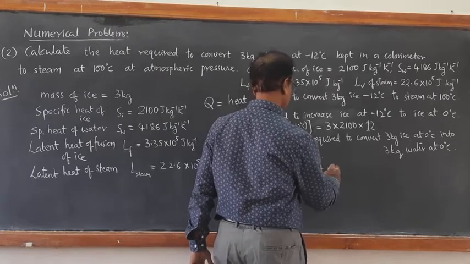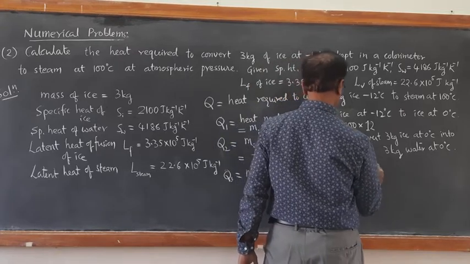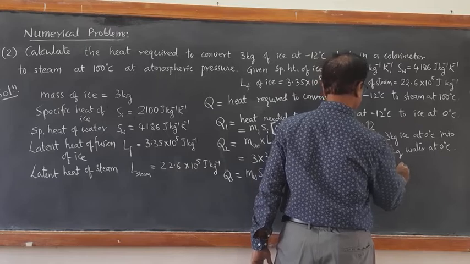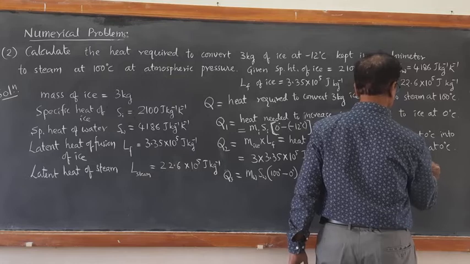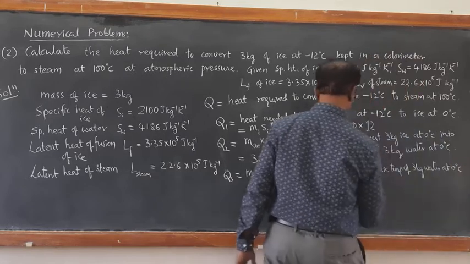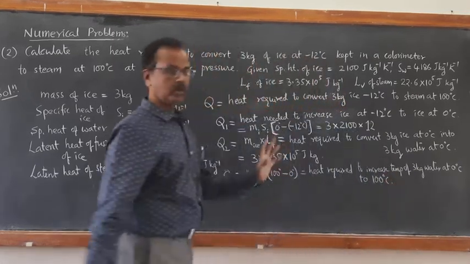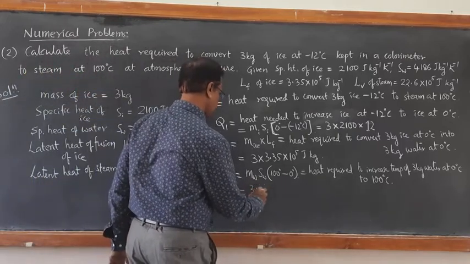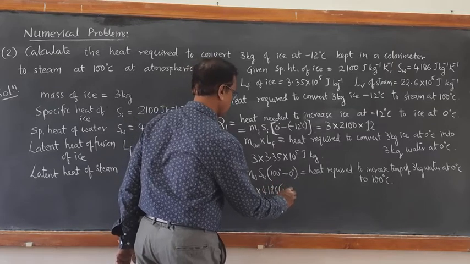Heat required to increase temperature of 3 kg water at 0 degrees Celsius to 100 degrees Celsius into water. So this I can write as 3 into 4186 into 100.